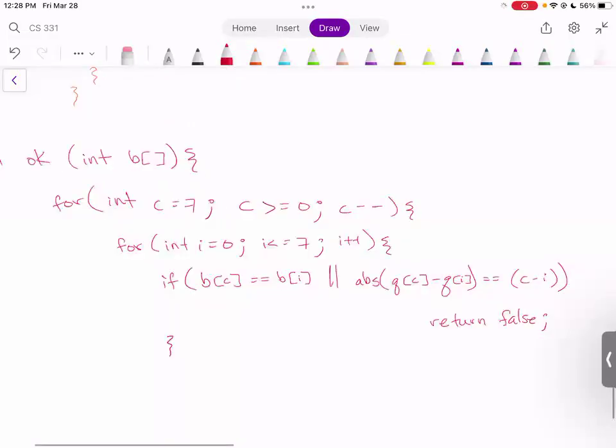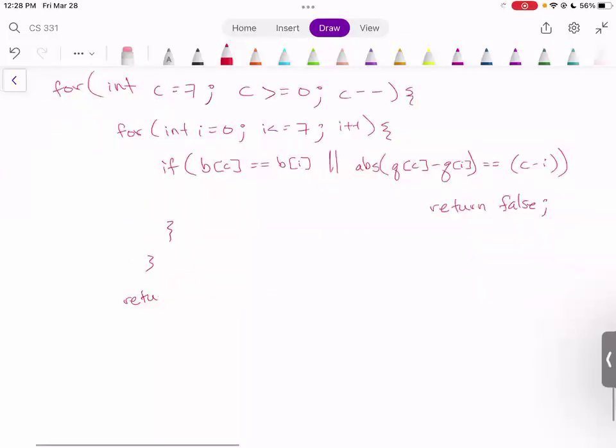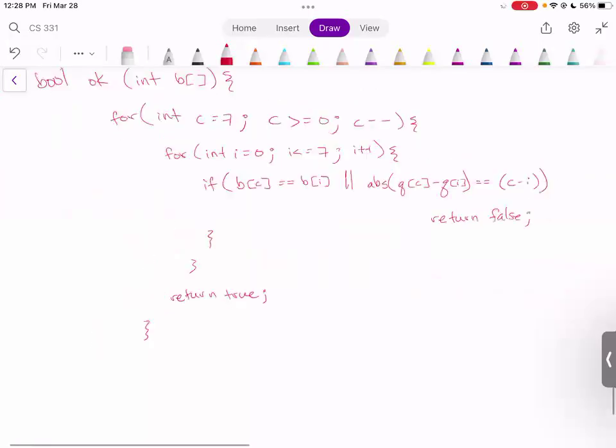If we were able to get out of both of those, we return true. And that's how you do the brute force way.